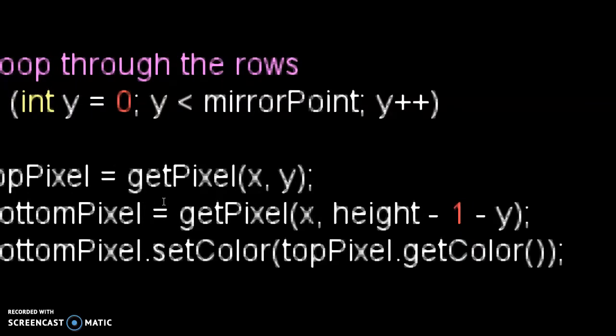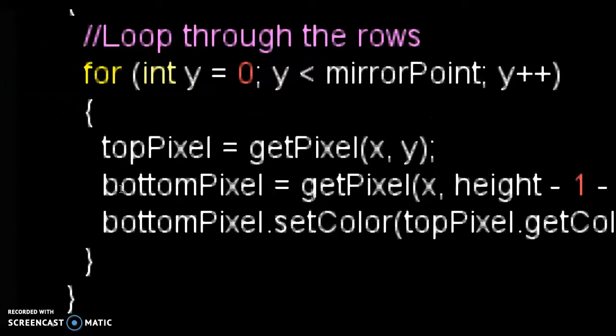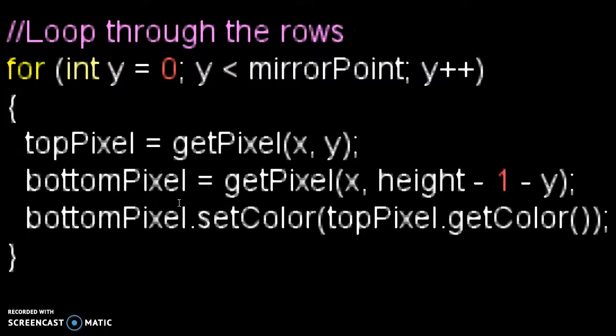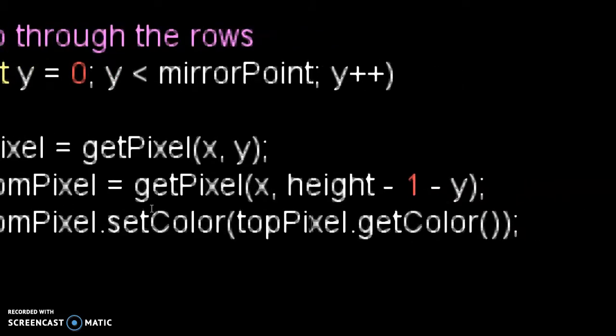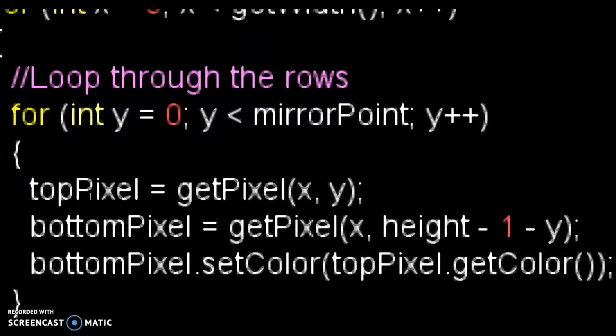Here, the parameters entered are our x value, which every time this loop is executing, is still going to be the same, and our y value is going to be changing. But with our height minus 1 minus y, we're stating that we want this to be located at the mirror image of the top pixel. Then we set the color of this bottom pixel so that it is the same as our top pixel. So we're mirroring it to the bottom half.